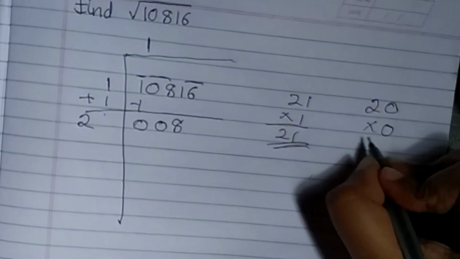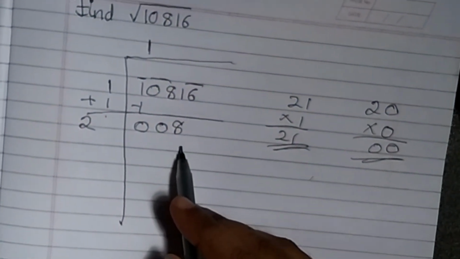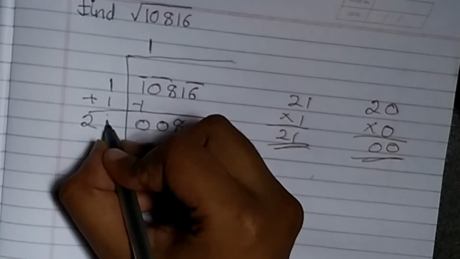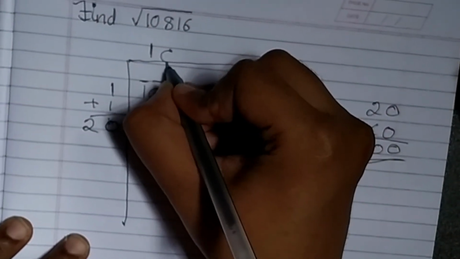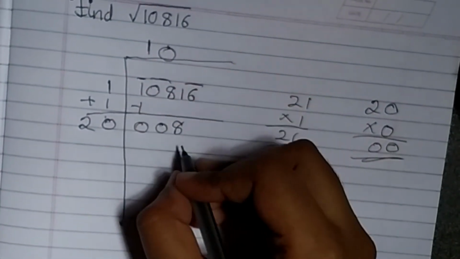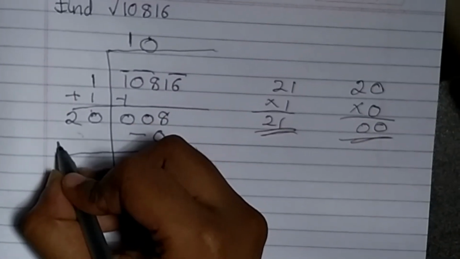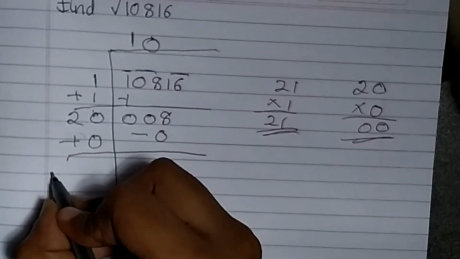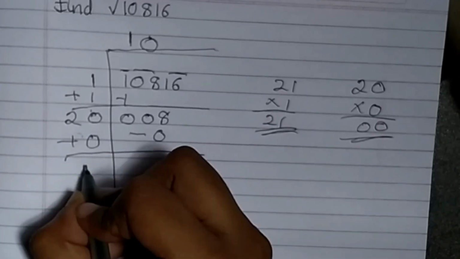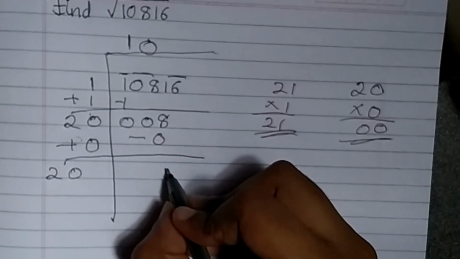What is less than 1? 0, right? 20 into 0 is 0, which is less than 8. So we will put 0 here and here also there will be 0. 20 into 0 is how much? We got 0. So minus 0. Plus 0 will be 20 only. But we will leave some space and then write 20. And here what will be the remainder? 8.